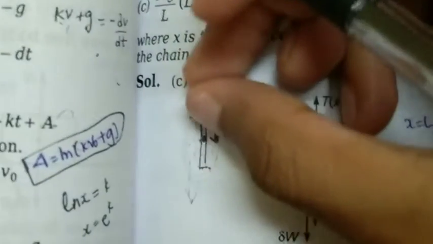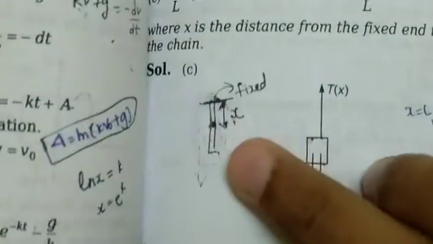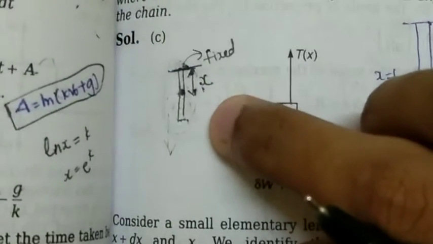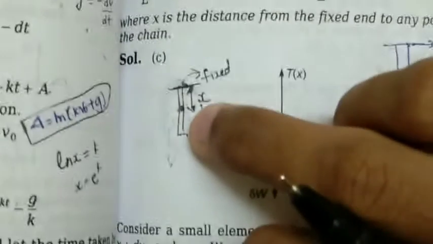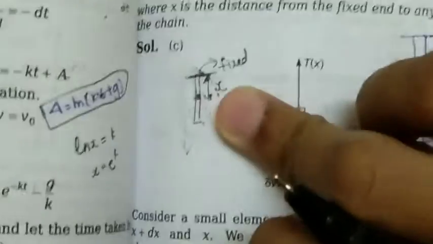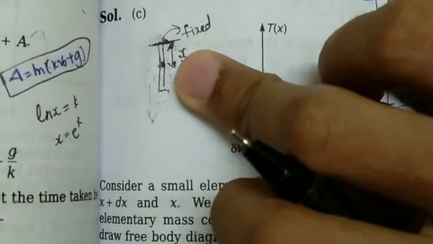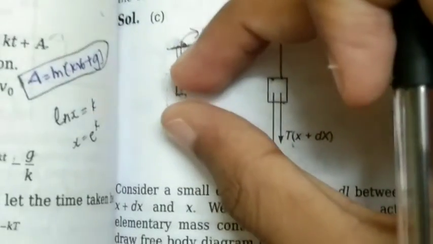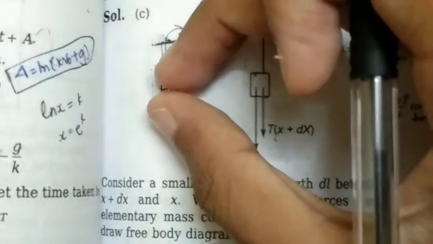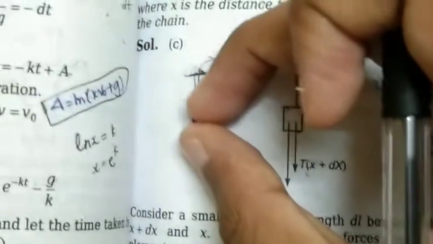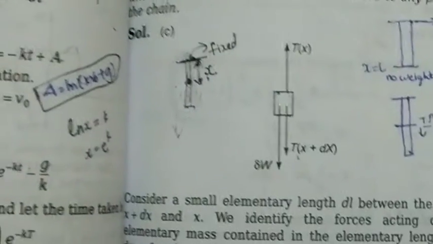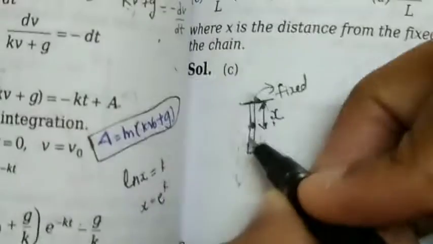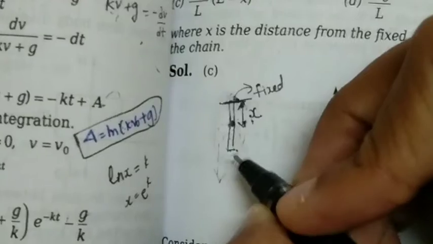Suppose the rope is 10 centimeters and its mass is 50 grams. For each centimeter, how much do we get? 50 grams by 10, that is 5 grams.